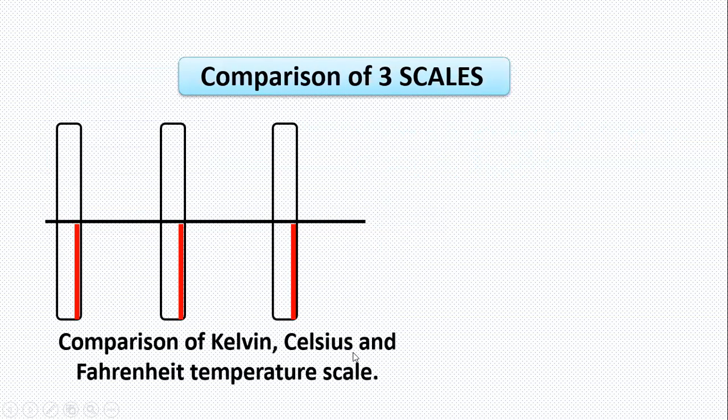Now if we compare these three scales, the Kelvin scale, Celsius scale, and Fahrenheit scale: water boils, which is also called the steam point, at 373.15 for Kelvin, 100 degrees Celsius for Celsius, but 212 for Fahrenheit.